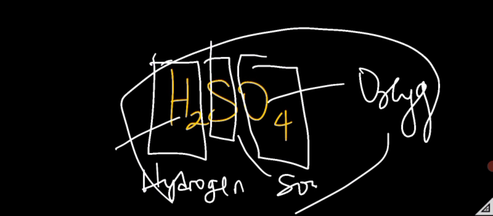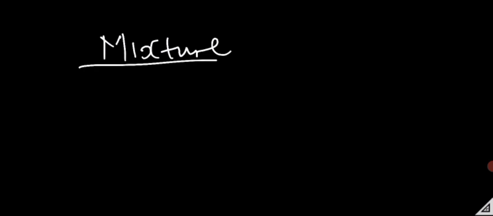Alright, I think we are done talking about compound. The next thing we'll talk about now is mixture. Somebody say mixture. What is a mixture? We have explained elements, we have explained compounds. Now we want to explain mixture. Mixture is similar to a compound, but the difference between compound and mixture is that a mixture is made up of two substances, not elements.